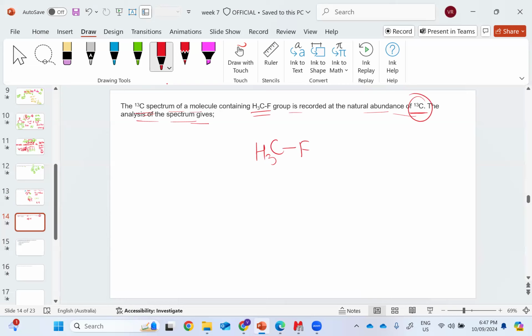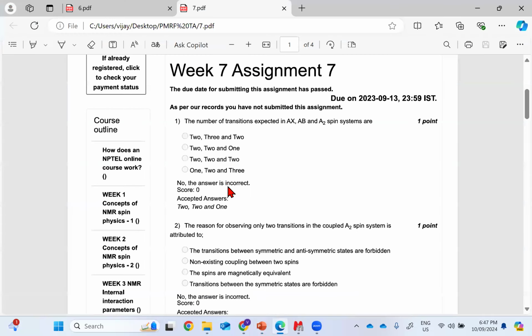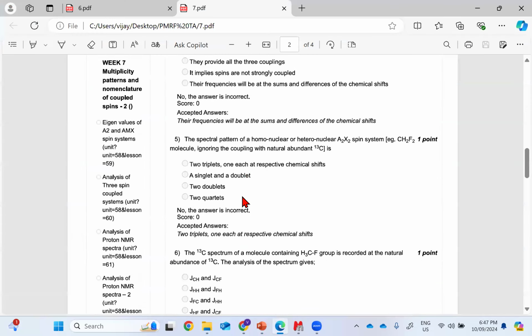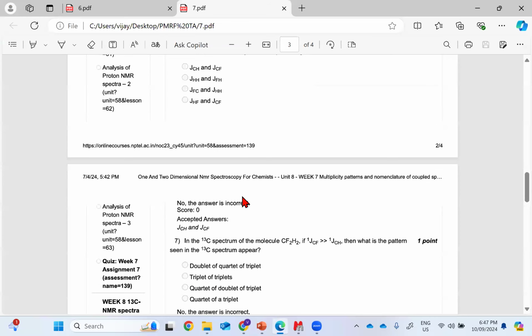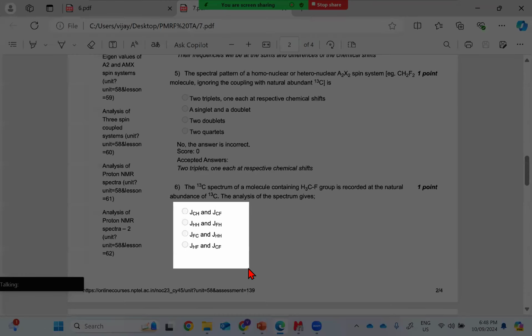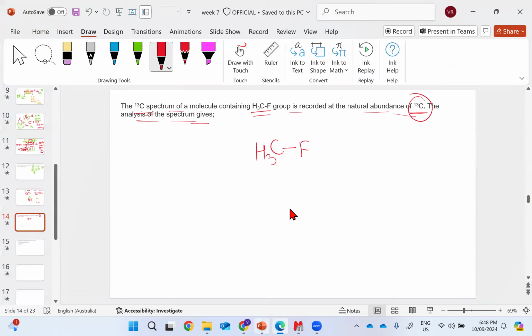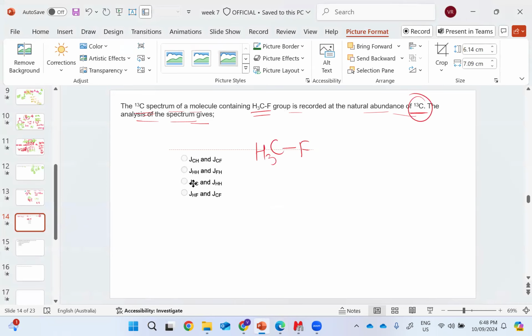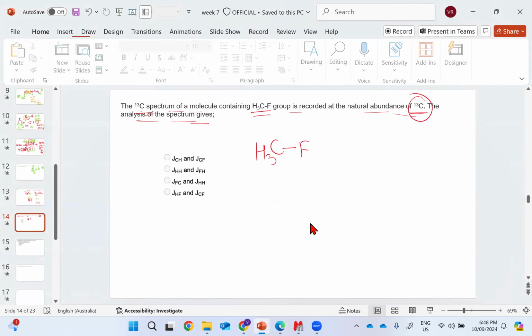I'll just pick up some options. So this is the question from the assignment, right? So these are the options. Which option is correct here?